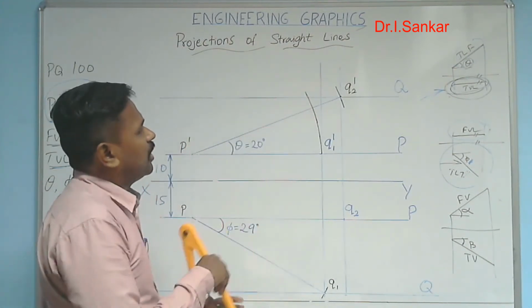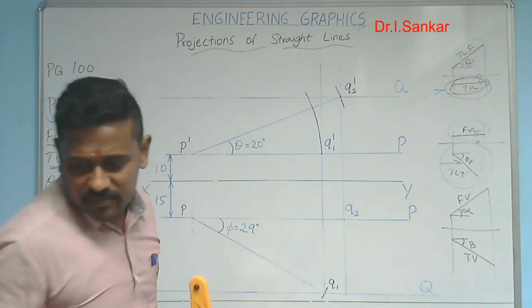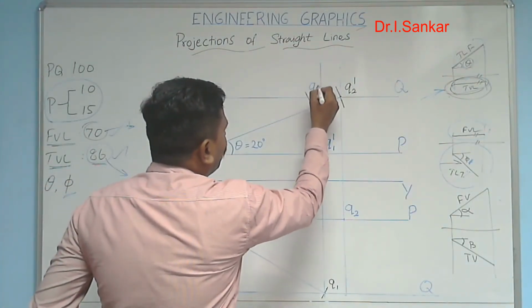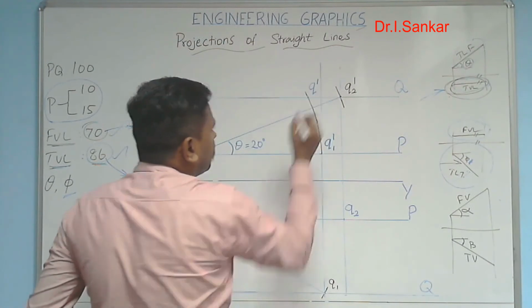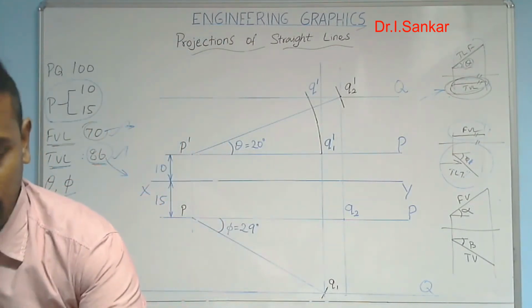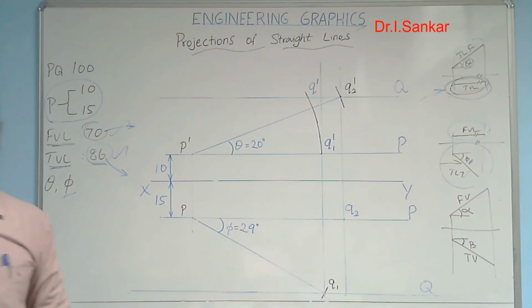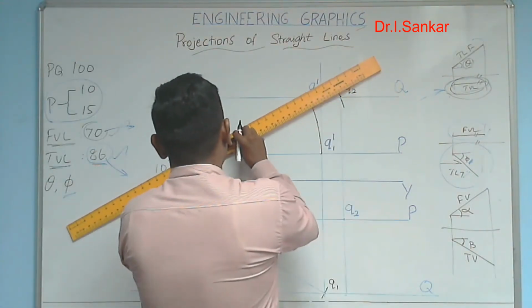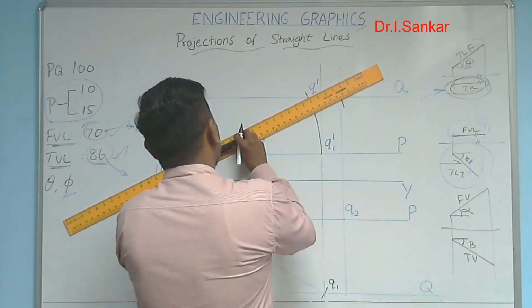There I can mark the final Q dash. This is my final Q dash. If you connect P dash and Q dash, this will be your final front view. That is the required front view.